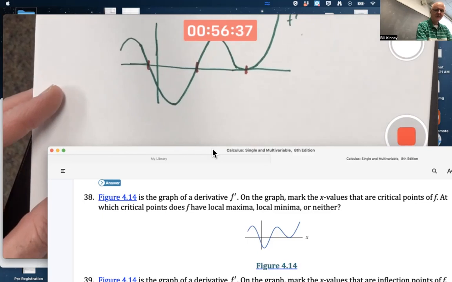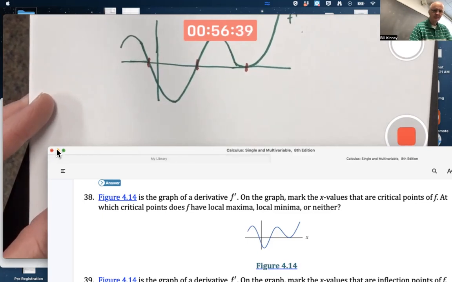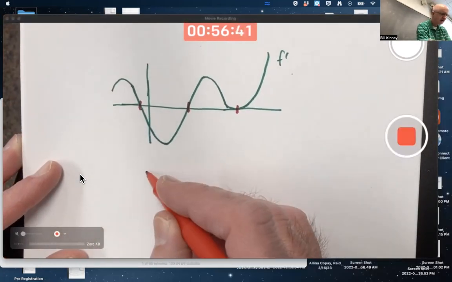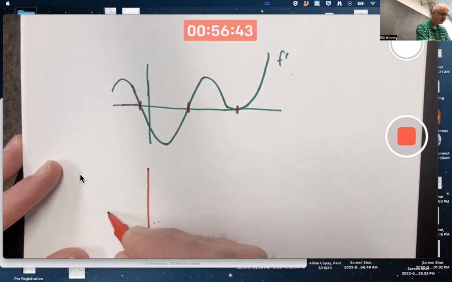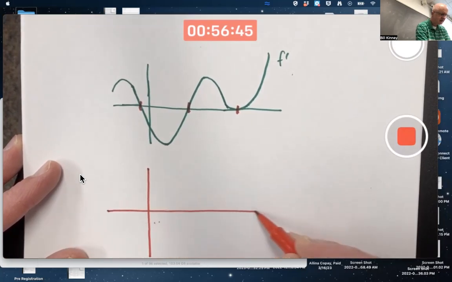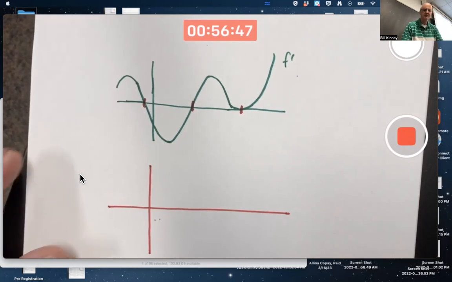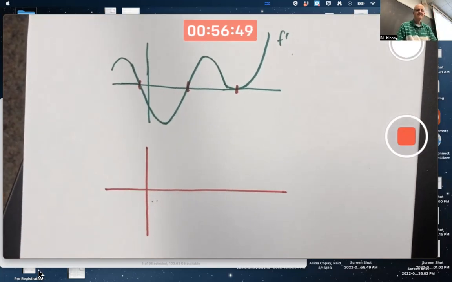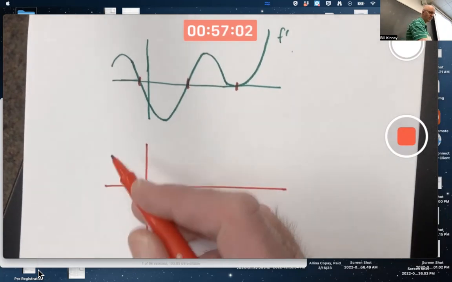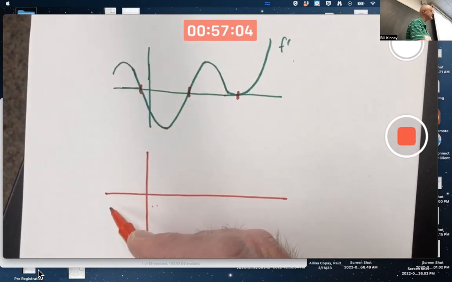Let's think about it graphically. Let's try to draw the original function. If you try to draw the original function, you're probably immediately feeling confused. Like, where does it start? What point should I start at when x is smallest?